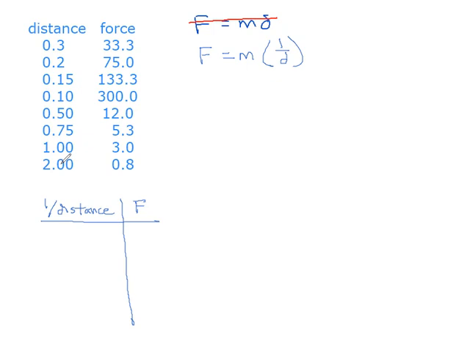So 0.3 flipped gives 3.3, and the force that goes with that is 33.3. 0.2 flipped is 5. Force that goes with that is 75. 0.15 flipped is 6.7. I'm not carrying a lot of decimal places here.